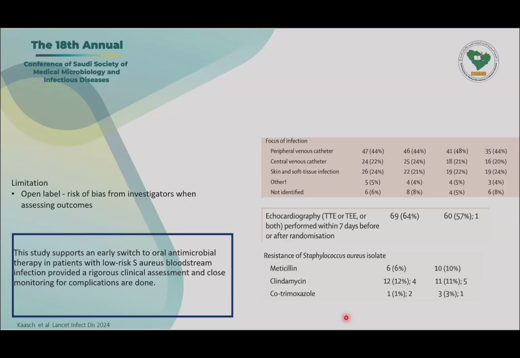In conclusion, I think it supports the early switch to oral antimicrobial therapy for patients with low risk. However, what is the definition of low risk Staph aureus bacteremia? It's still not clear. So you need to provide rigorous clinical assessment and close monitoring for complications before considering this strategy. I think I'll stop here and I'll be happy to take questions. Thank you.